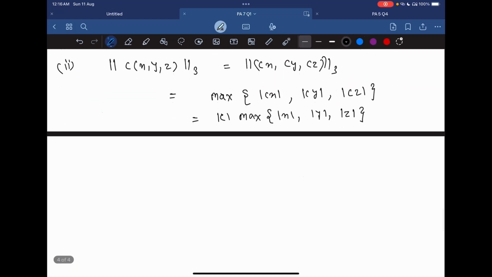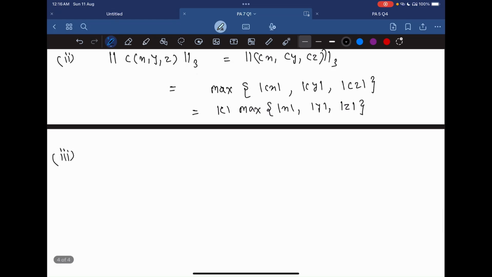Now let's take the last condition, the triangle inequality: (x1, y1, z1) plus (x2, y2, z2).